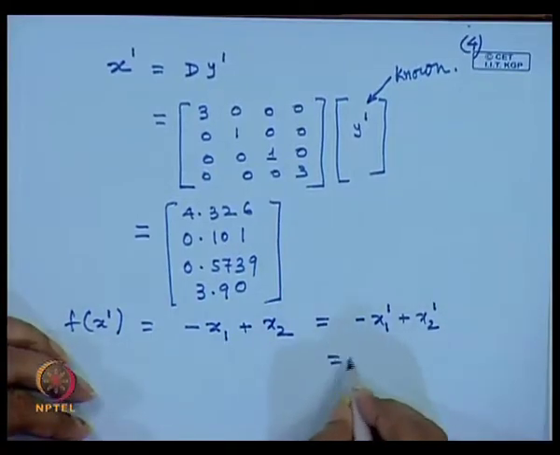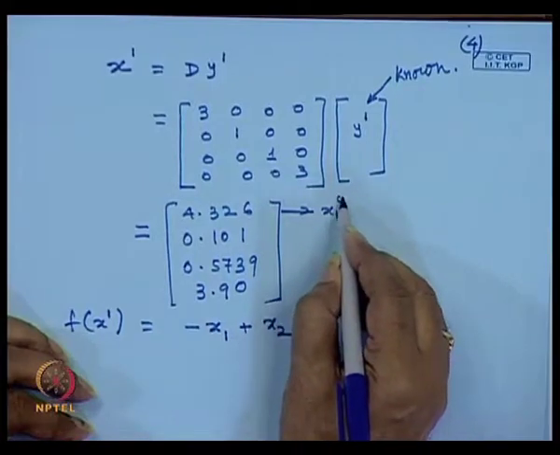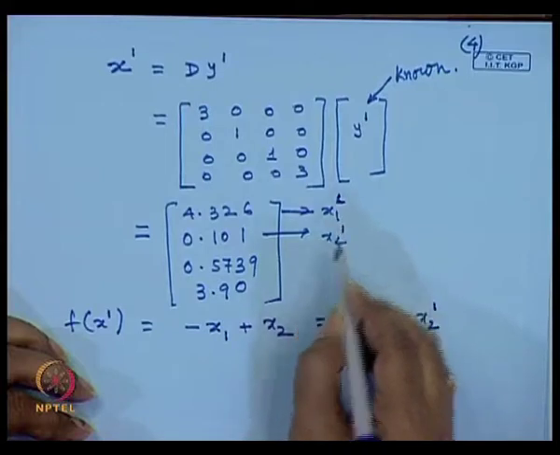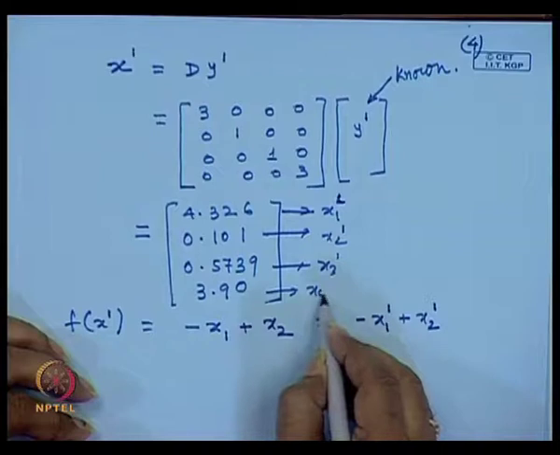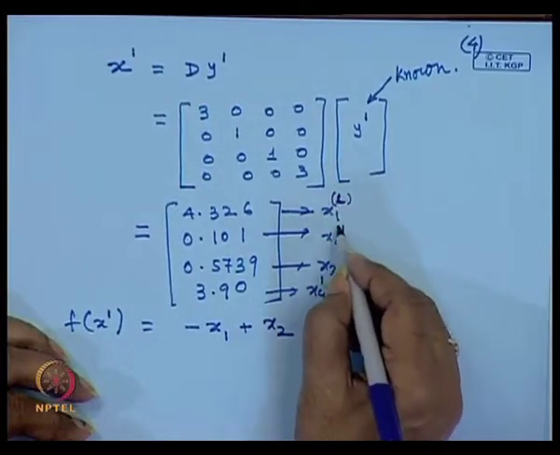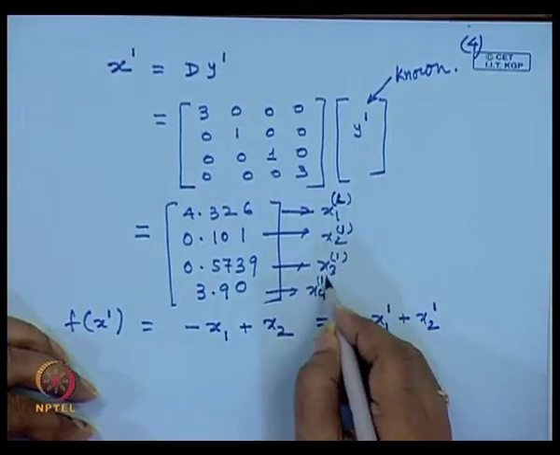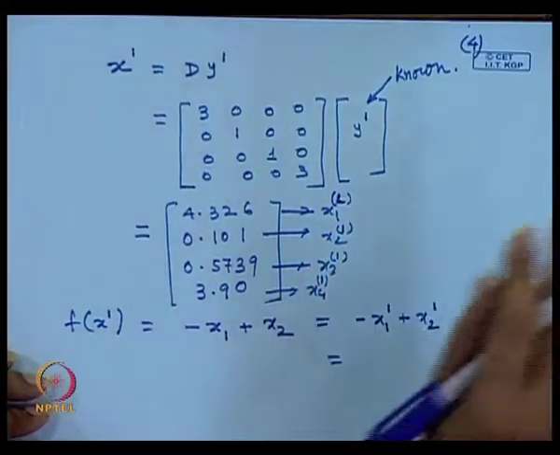This is our x 1 of superscript 1, this is x 2 superscript 1, this is x 3 superscript 1, and this is x 4 superscript 1. This superscript, if you like, you can put in brackets; it indicates the first iteration. After the first iteration, from x of superscript 0 we moved to x 1.